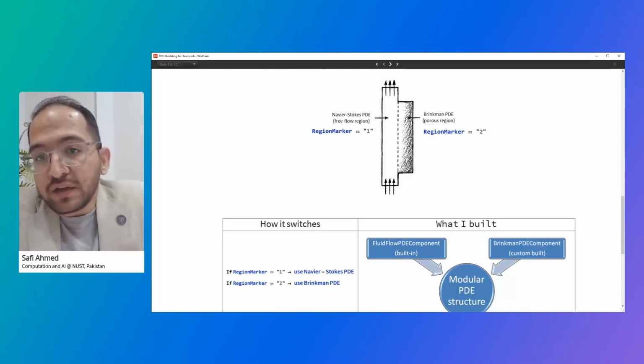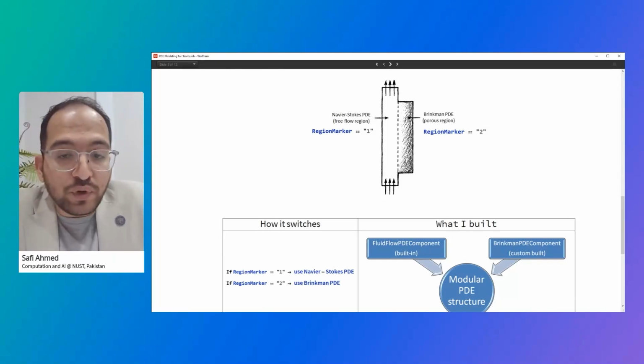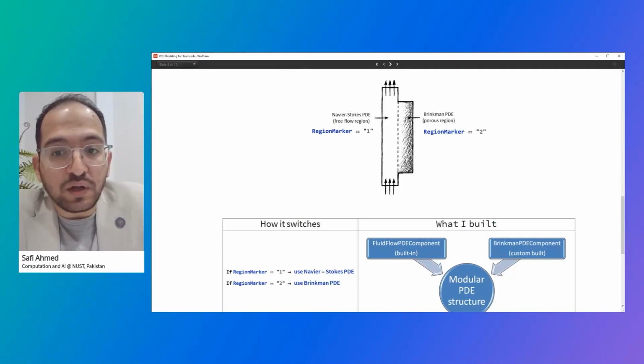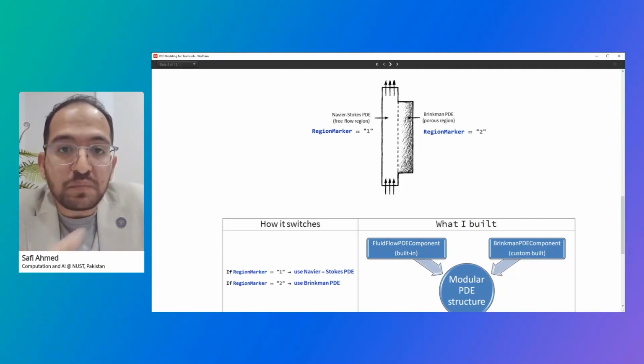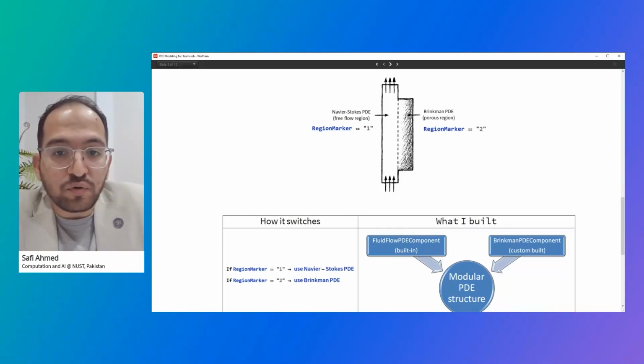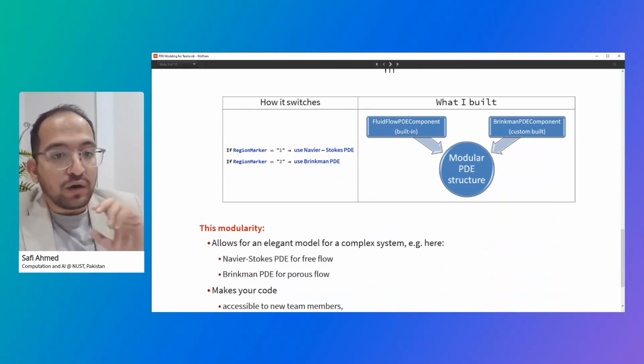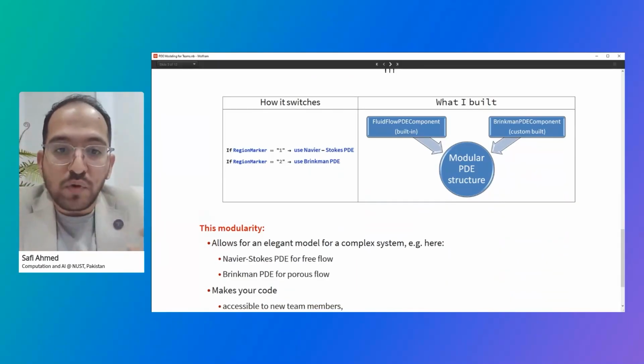But for the porous region, I did not have a PDE component. So what I did is that I built my own PDE component, and I called it the Brinkman PDE component, and that resulted in a very modular approach to coding. This kind of modularity allows for a very elegant model for a very complicated system.